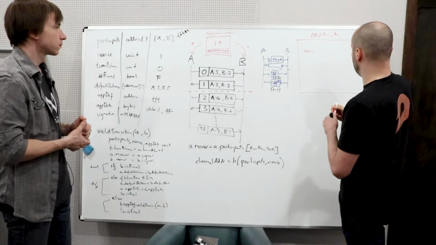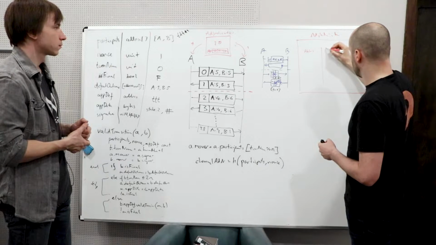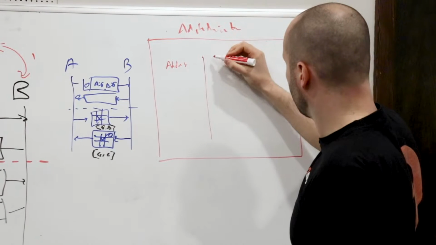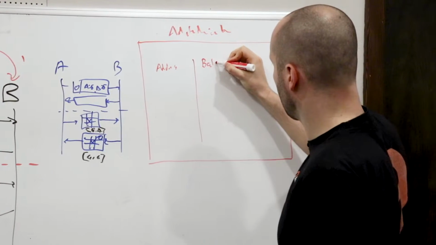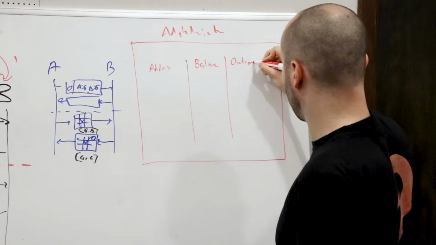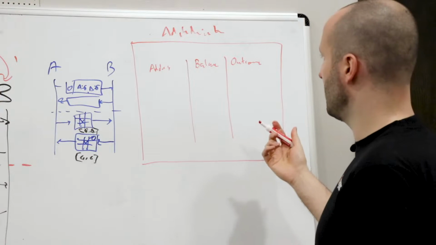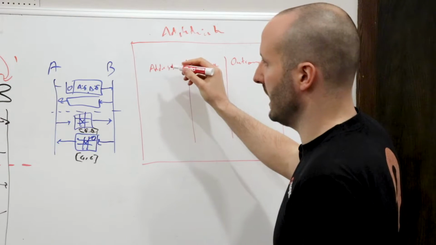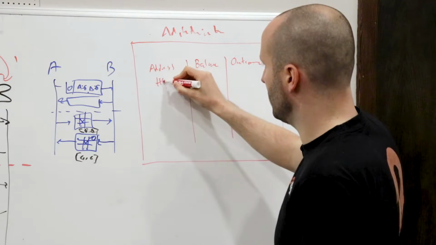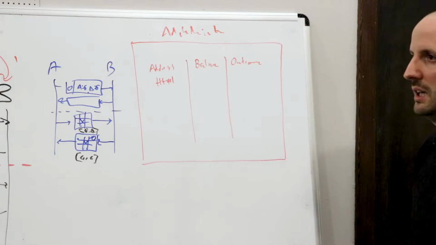So it will store an address, a balance, I guess, the number of coins. It will store an outcome, and then it will have some way of doing a challenge, like the challenge timeout and stuff. So here we might have tic-tac-toe number 1, no balance, no outcome at the moment.